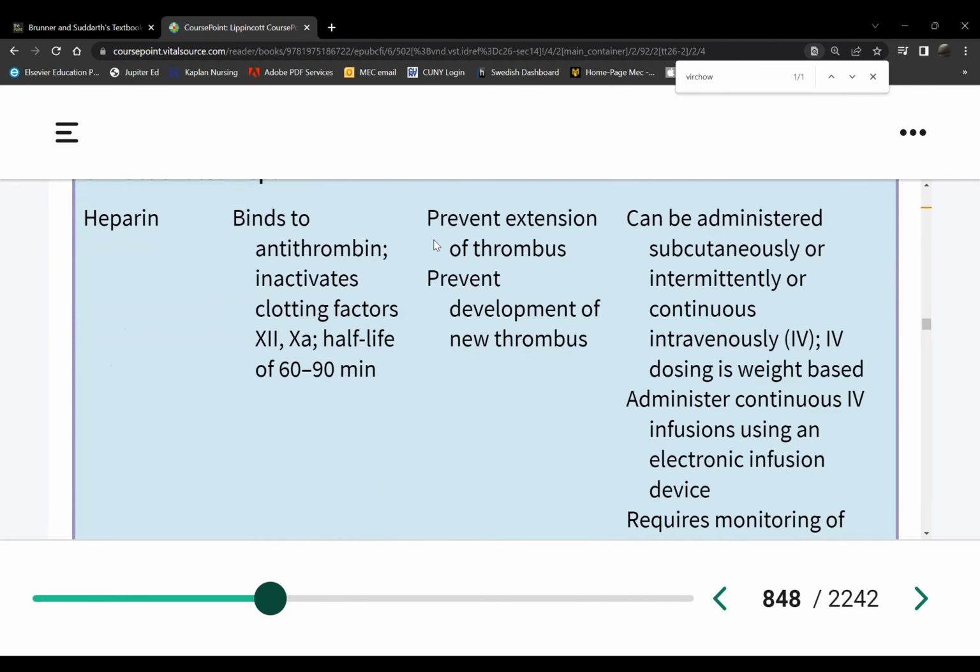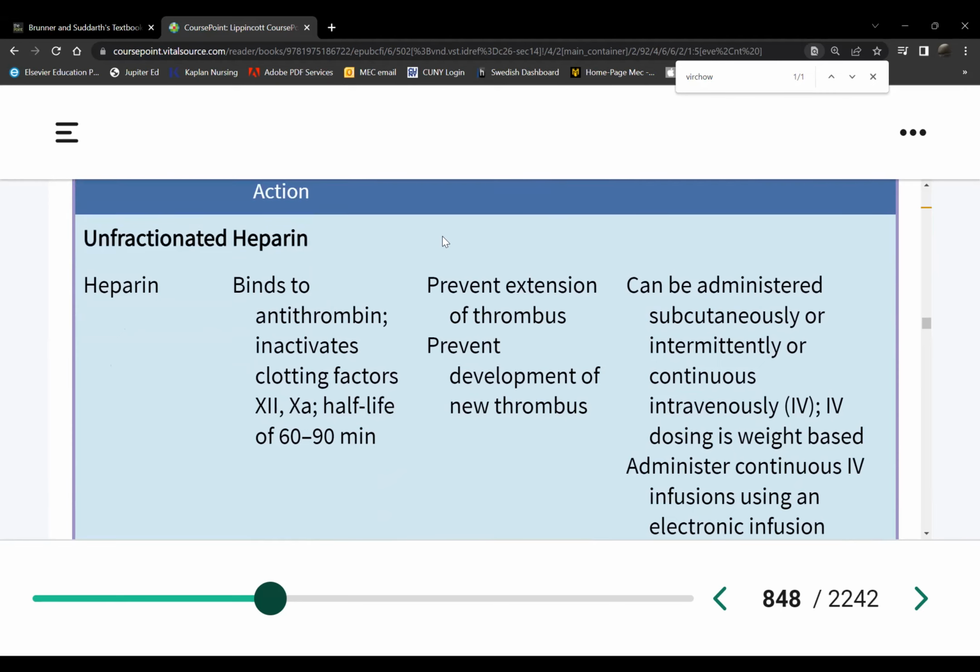So let's review. You'll be tested again on all anticoagulants. Let's look at how they work so that you understand which ones are prescribed first. Let's start with heparin. There are two types of heparin. We have unfractionated, and then what's the other type?